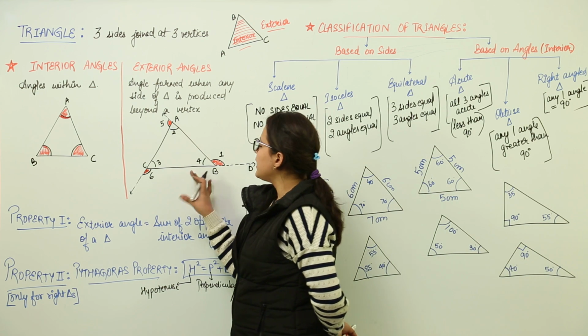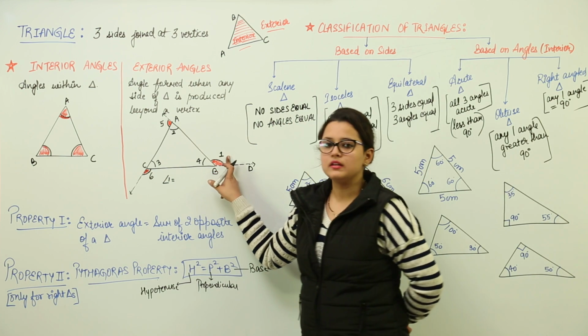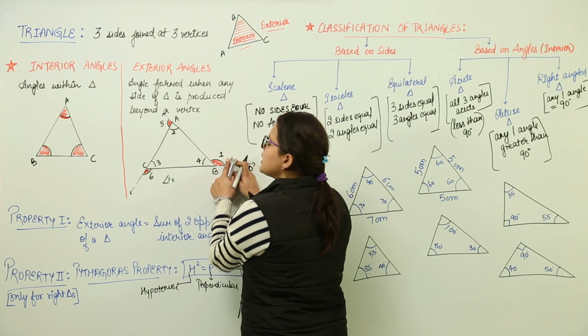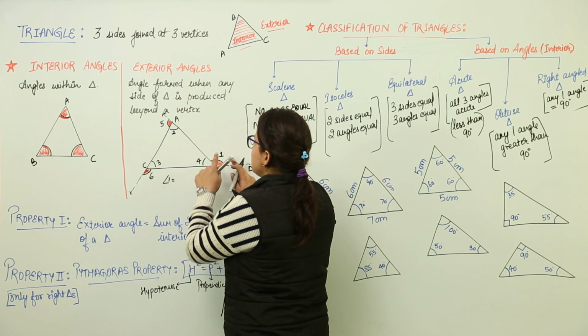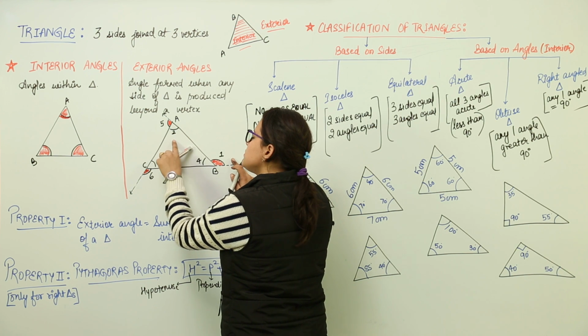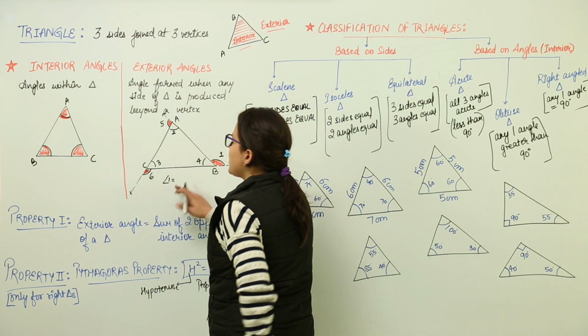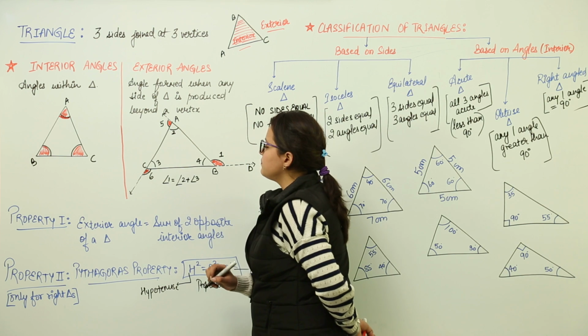If I want to write the measurement of angle 1, that is the exterior angle. As per the property, the exterior angle is equal to the sum of two opposite interior angles. Interior angles are these three, but the two opposite ones for angle 1 would be 2 and 3. So angle 1 will be equal to the sum of angle 2 and 3.